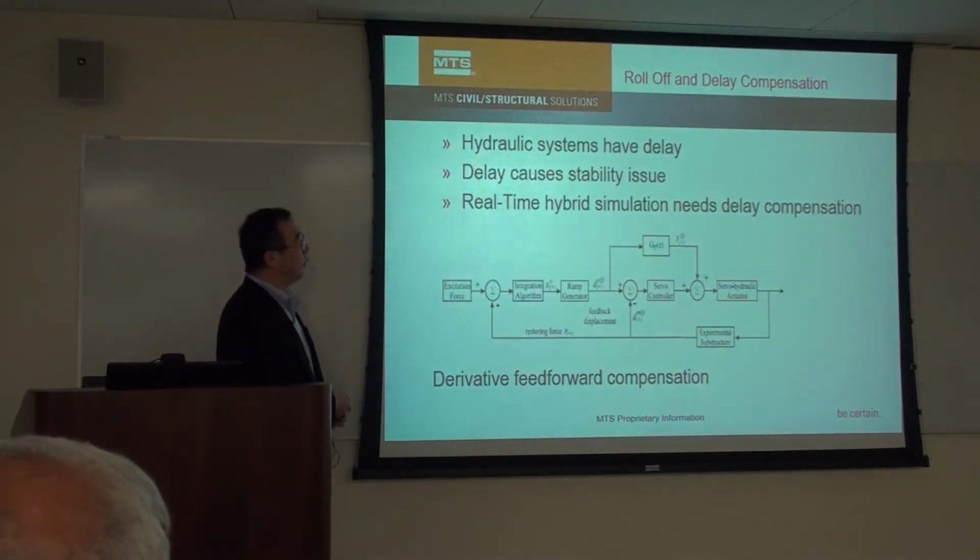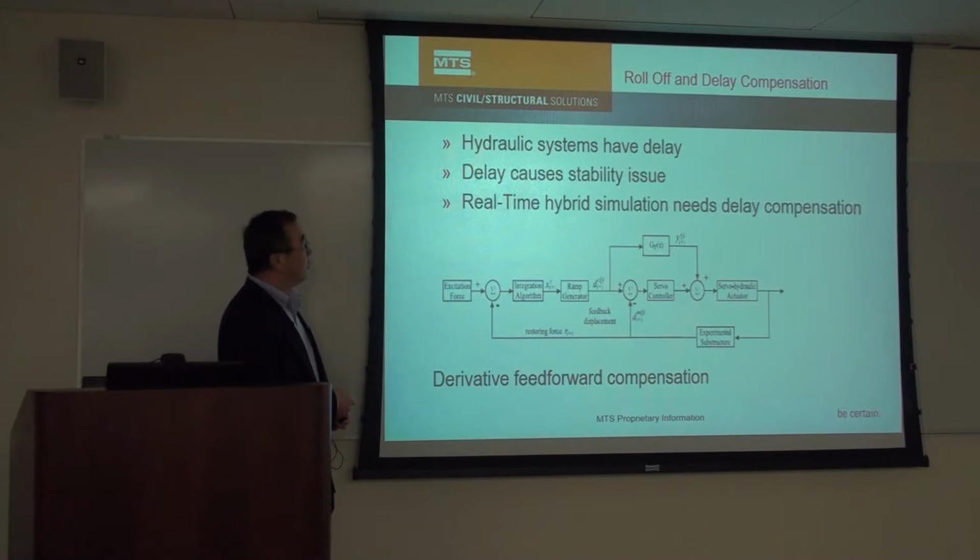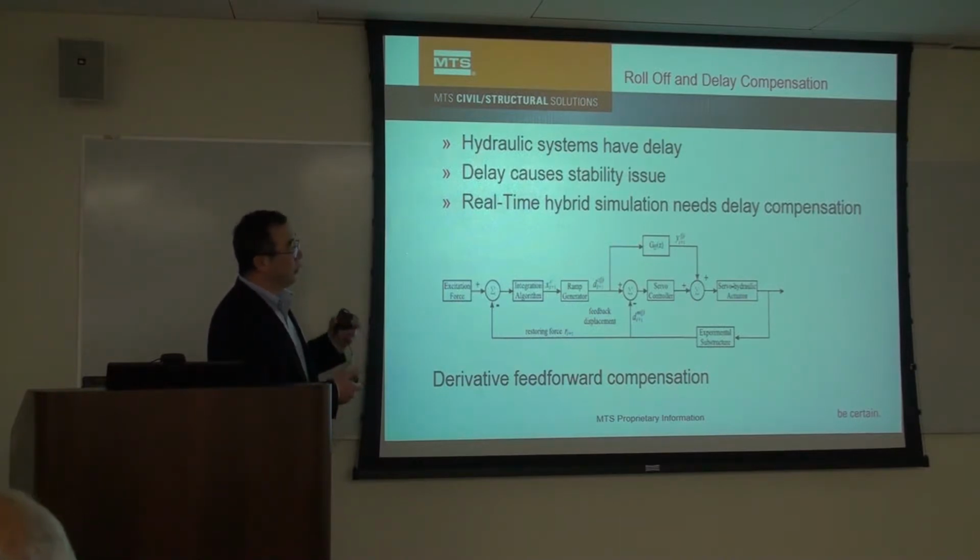So the delay compensation part, you have the different methods, and you have a transfer function to simulate the command and feedback, and characterize the delay characteristic. You characterize the roll-off characteristic, and then you inverse that transfer function, and then use that as a delay compensator.